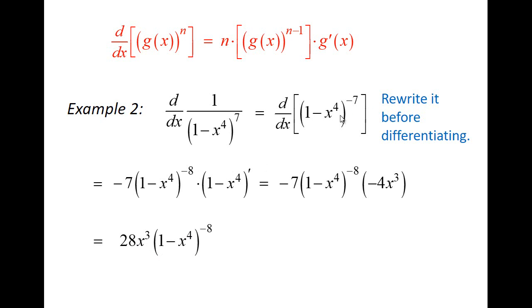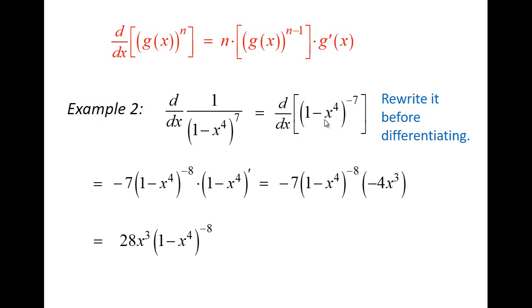So once again, at this point, we apply the power rule here, which is basically a consequence of the chain rule. So n here is negative 7, g here is 1 minus x to the 4. So we get negative 7 (1 minus x to the 4) to the power negative 8 multiplied by the derivative of 1 minus x to the 4.